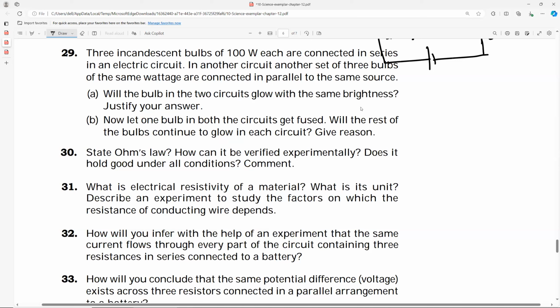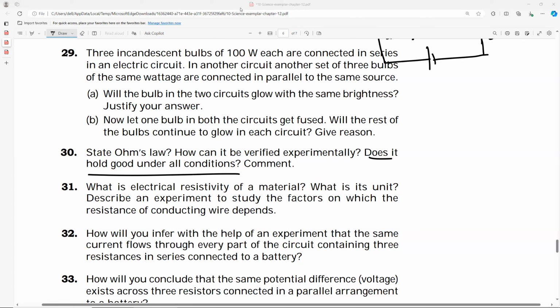Does it hold true in all conditions? Tell me, dear students, will it hold true in all conditions?